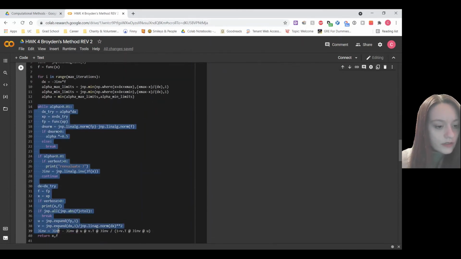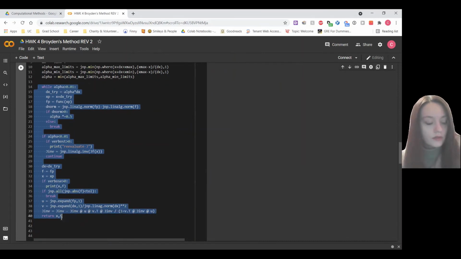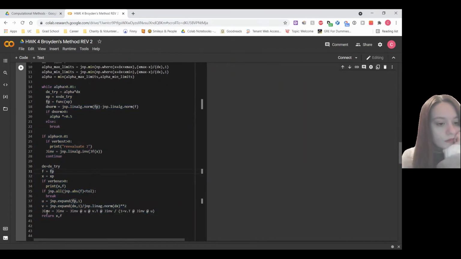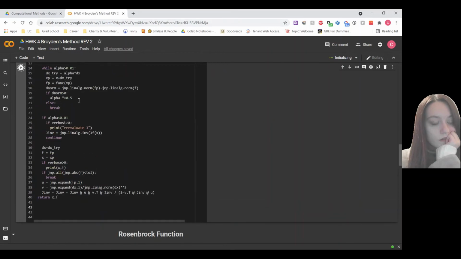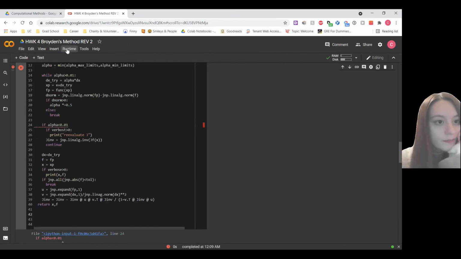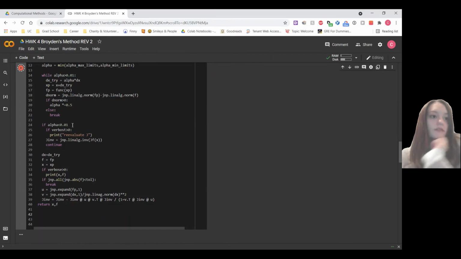All of this should be inside that for loop. I'm going to have to run all first.